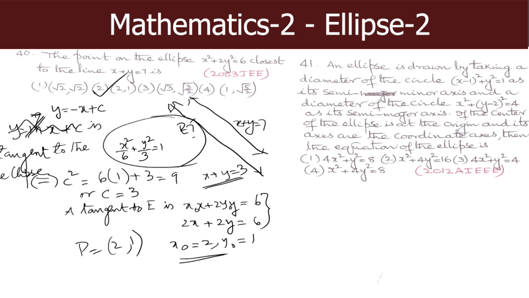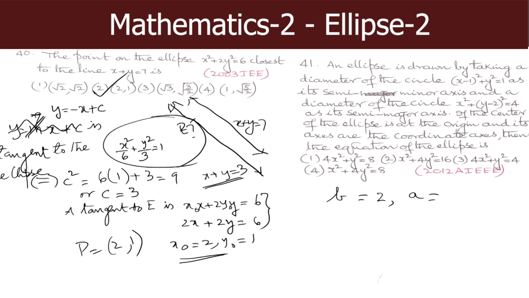Then 41. An ellipse is drawn by taking a diameter of the circle (x minus 1) whole square plus y square equal to 1 as its semi-minor axis. So, the semi-minor axis is of length equal to the diameter of the circle. The radius of the circle is 1, so diameter is 2. And the diameter of the circle x square plus (y minus 2) whole square equal to 4 is taken as the semi-major axis.